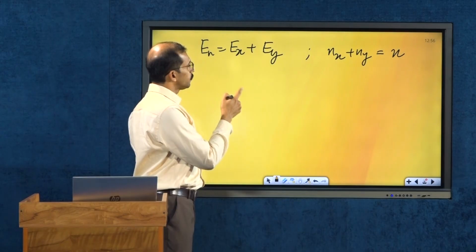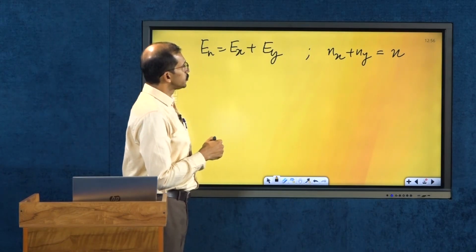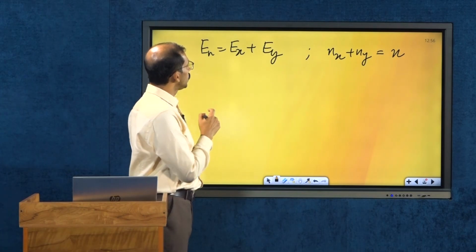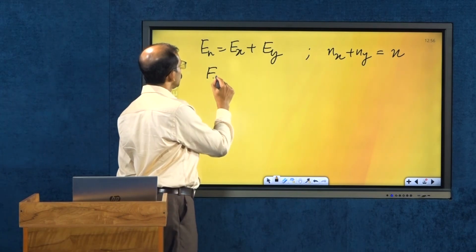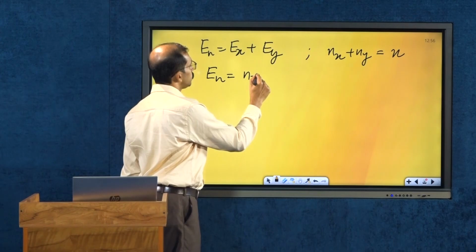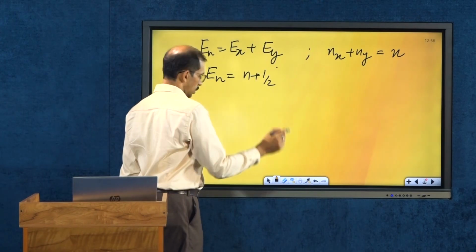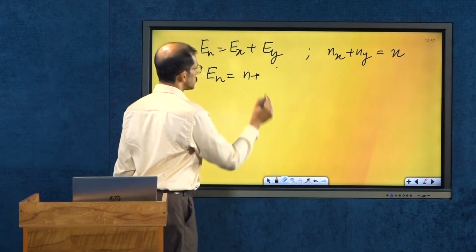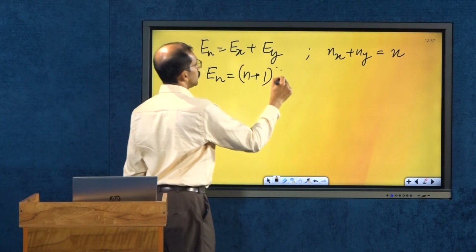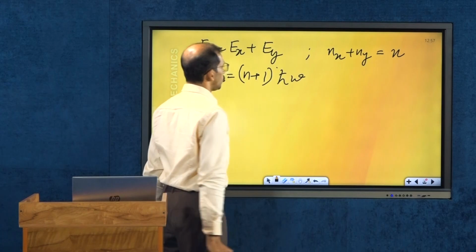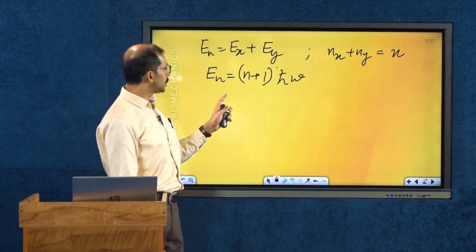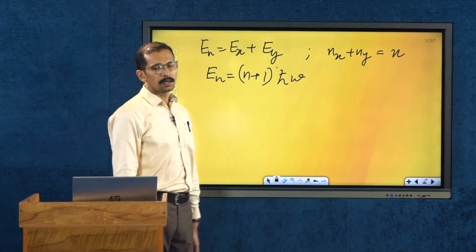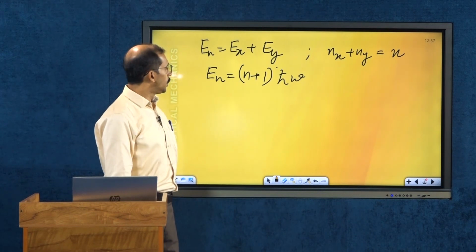Therefore, if I substitute those ideas into the earlier expressions for Ex and Ey, I can write En is equal to n plus 1 h cut omega. So this is the energy for our quantum mechanical harmonic oscillator.